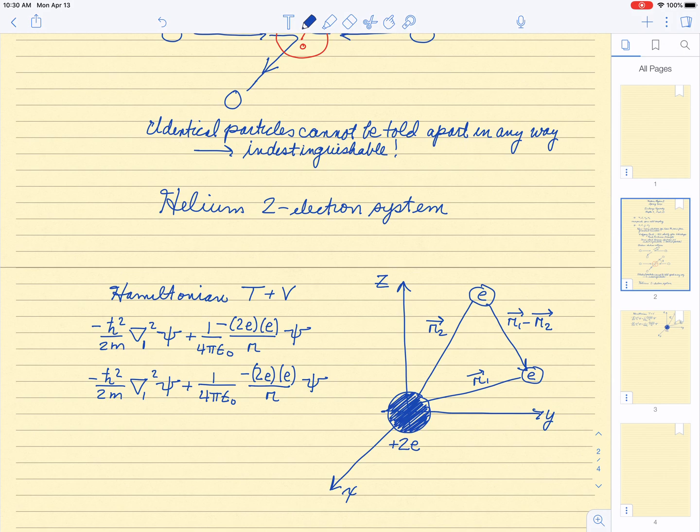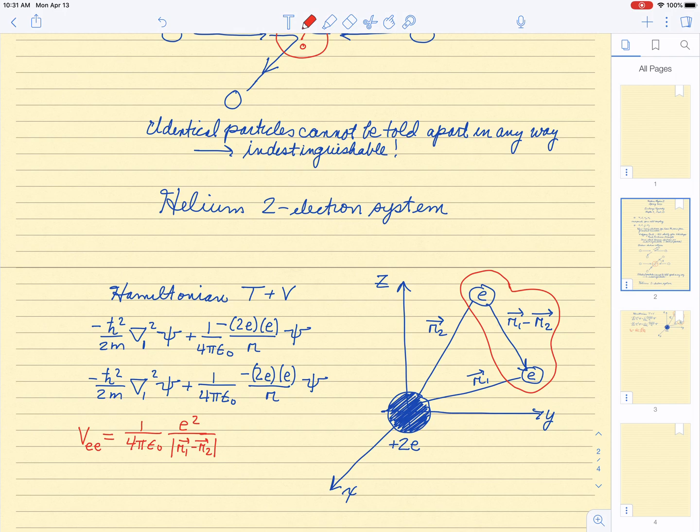What we haven't talked about, since there's another interaction here, is the interaction between the two electrons. If we were to write that down, I'm going to write this as VEE, and that's going to be 1 over 4 pi epsilon 0 times e squared over the magnitude of r1 minus r2, because the only thing that matters here is the distance between them.